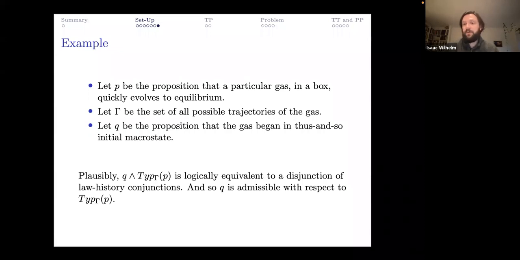And that's going beyond what the laws say, because the laws don't tell you what is and isn't actual. They just tell you how things evolve for each possibility. But let me come back to that, because I think these are the sorts of cases that would suggest that I've picked the wrong definition of admissibility from the literature to adapt to this case. So, yeah.